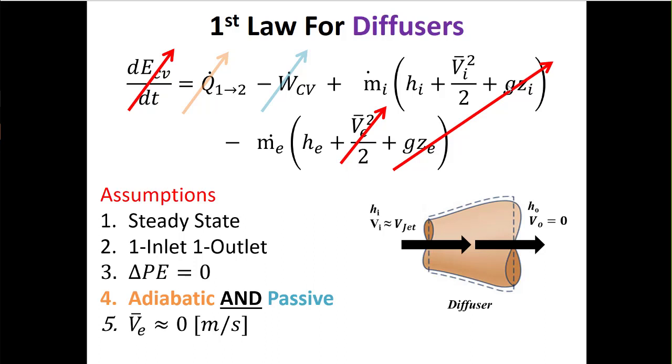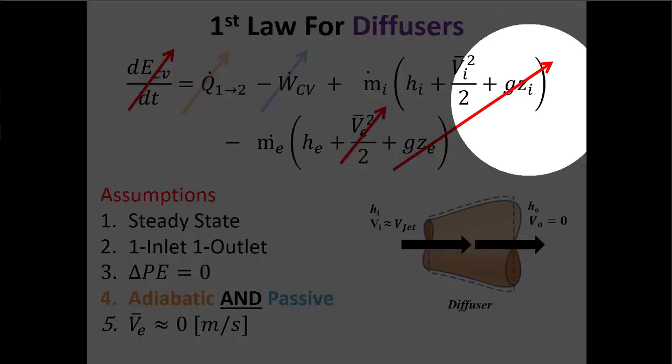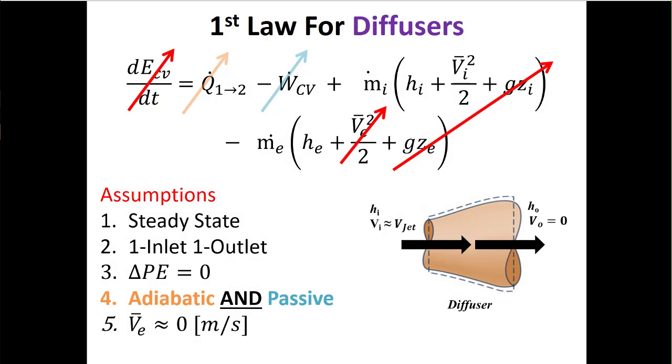Here's what we can do. We can't say that the kinetic energy change is negligible, but we will say that the kinetic energy at the outlet of the diffuser, the kinetic energy at any of the states that's touching the Brayton cycle in the middle, right? So that's the exit of the diffuser. Even though that velocity is not 0, we're going to say its kinetic energy term is not that important, that we're essentially scavenging all of the kinetic energy and turning it into enthalpy.